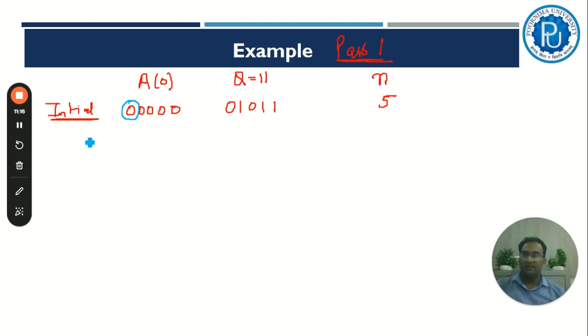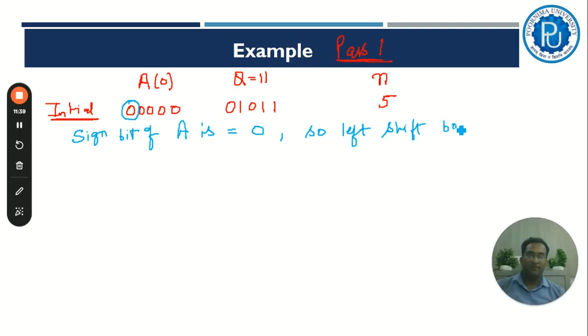Okay, it is 0. So the sign bit of A is equal to 0, so shift both A and Q register, considering them as 1.